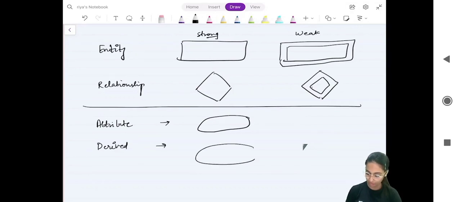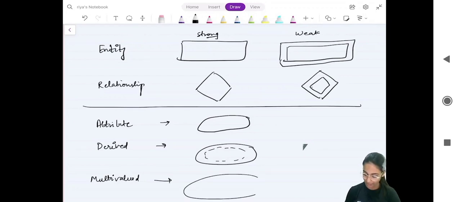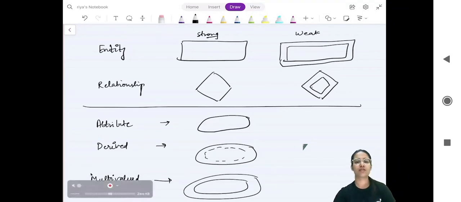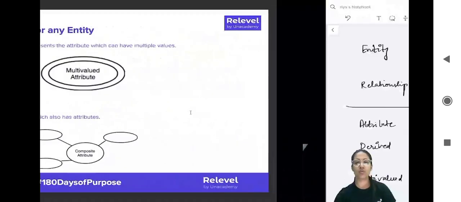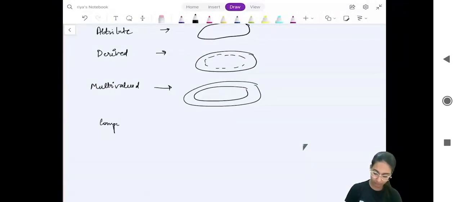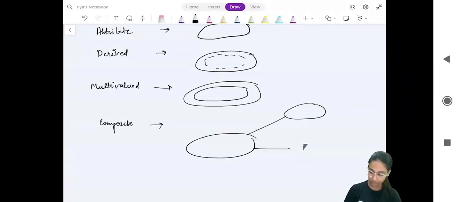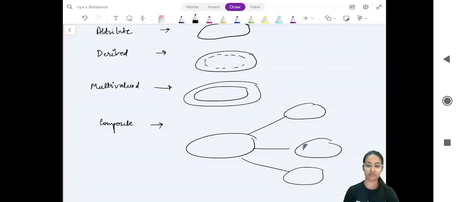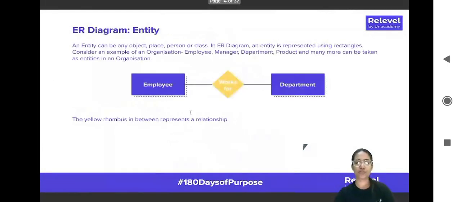Derived attribute is like this. Multi-valued is like this. So that is how it basically works. And then we have composite as well. These are composite attributes.